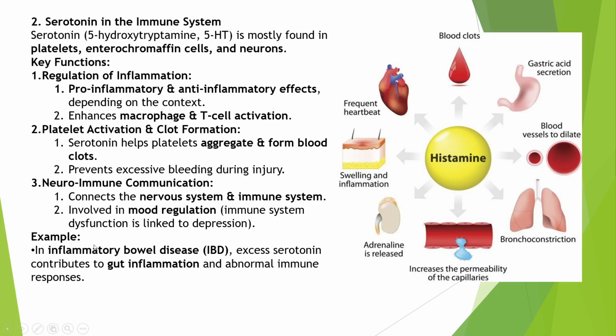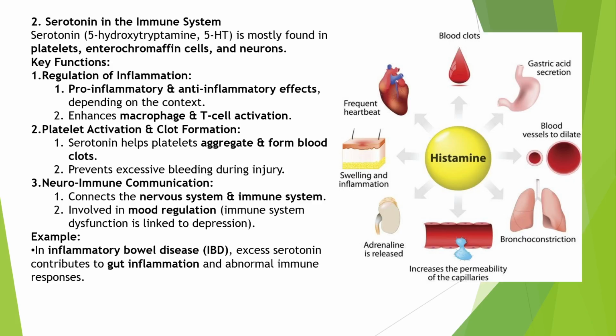So an example for this is inflammatory bowel disease, that is IBD. Excessive serotonin contributes to gut inflammation and abnormal immune response. So people suffering from IBD cannot have regular food, and their tolerance to spice level or different kinds of food will be different.